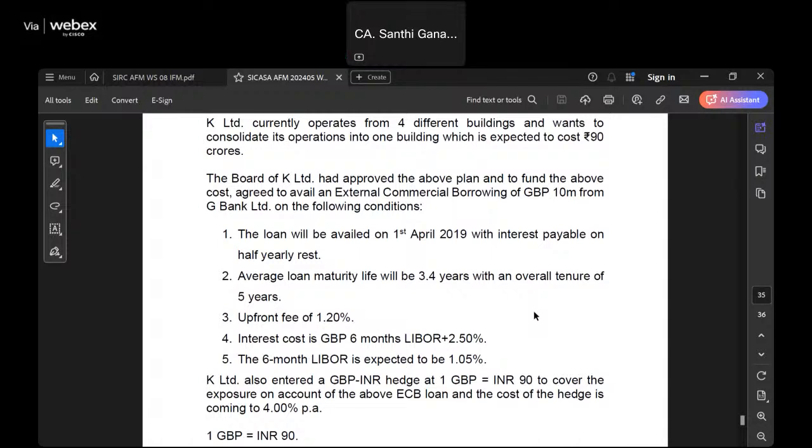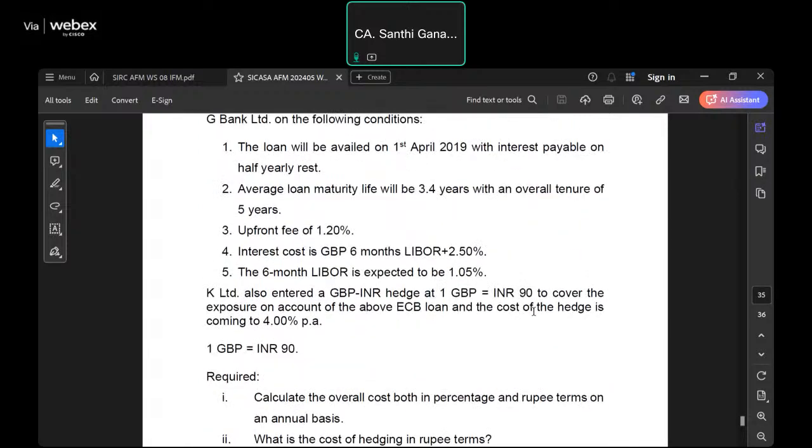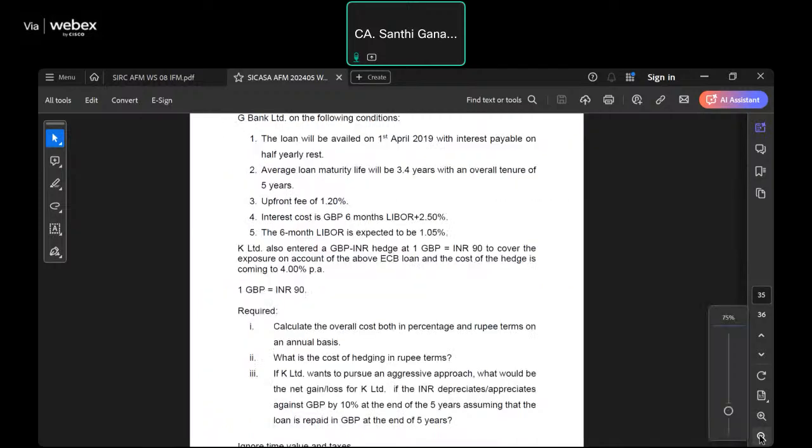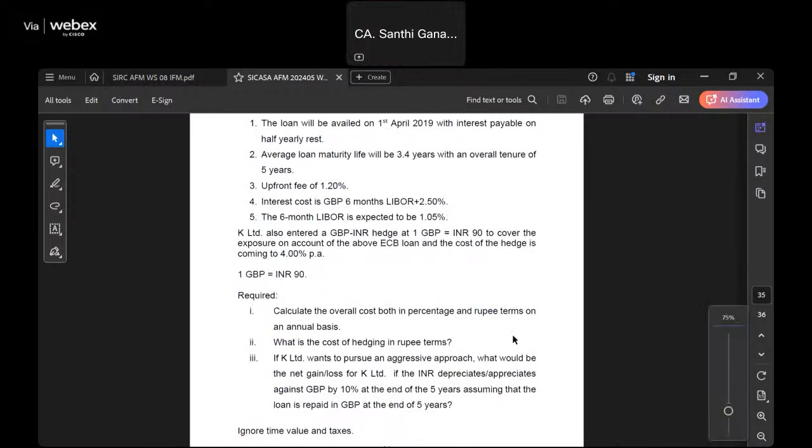So 90 crores, and we have decided to avail a loan for 10 million GBP. The loan will be availed on 1st April with interest payable at half-yearly rests. Average loan maturity life will be 3.4 years with an overall tenure of 5 years.